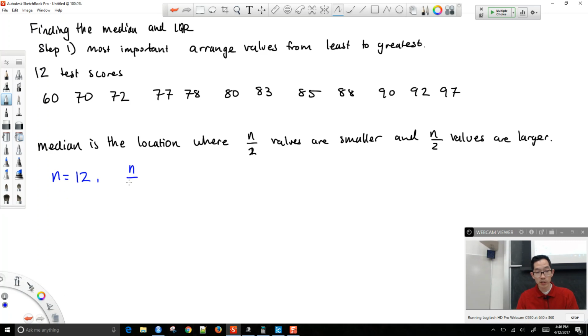Therefore, n divided by 2 is equal to 6. So I'm going to find the spot where 6 values are smaller, and I'm going to count 1, 2, 3, 4, 5, 6, and I'll draw a dotted line here. So I've got 6 values that are smaller than this location, and if I count over here, 1, 2, 3, 4, 5, 6, I have 6 larger. So my median goes right here.